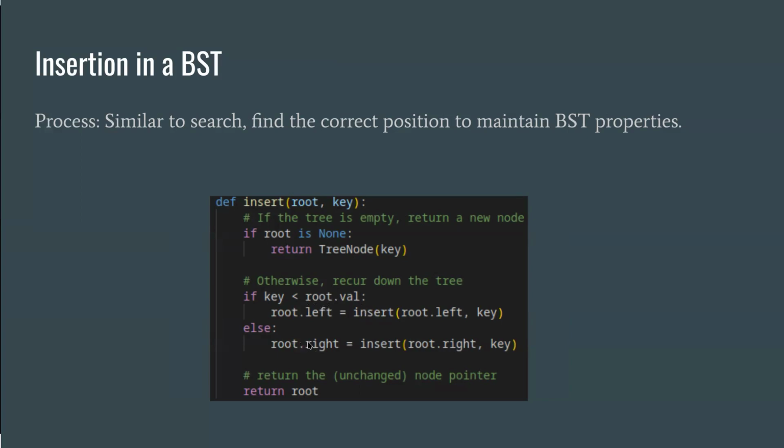If the root value is less than the key, then we insert to the right, and do this recursively until we find an empty spot where 10 can be inserted as a new node.